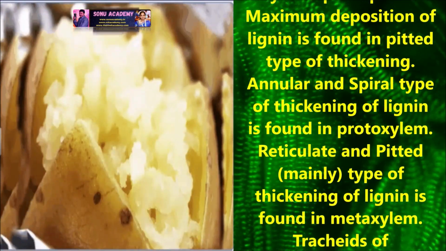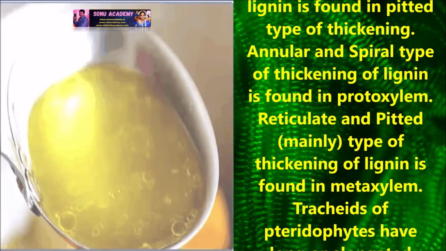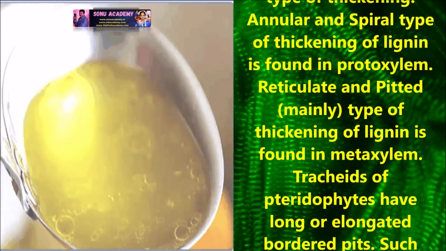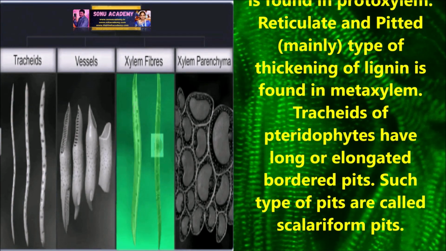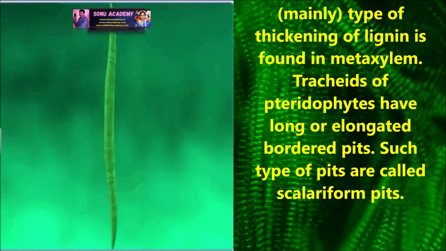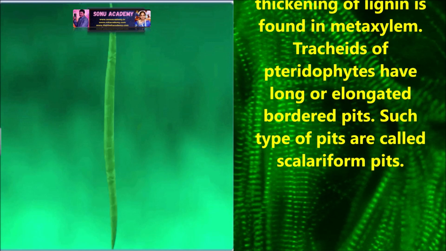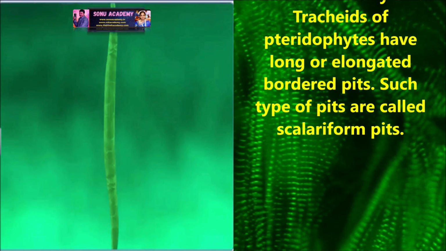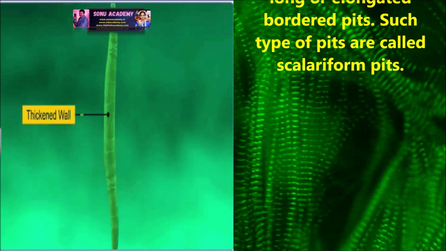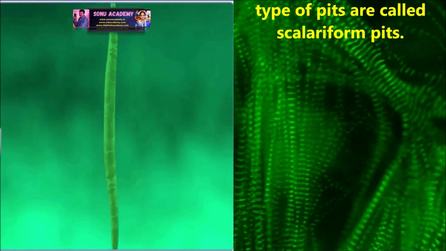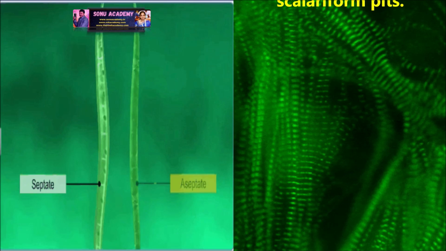Maximum deposition of lignin is found in pitted type of thickening. Annular or spiral type of thickening of lignin is found in protoxylem. Reticulate and pitted type of thickening of lignin is found in metaxylem. Tracheids of pteridophytes have long or elongated bordered pits. Such pits are called scalariform pits.